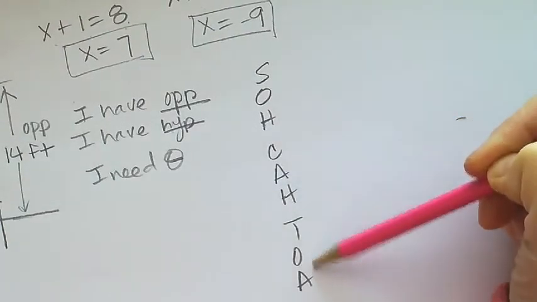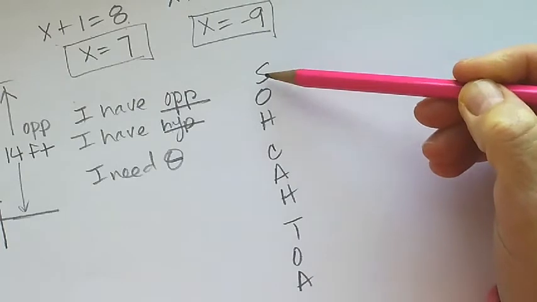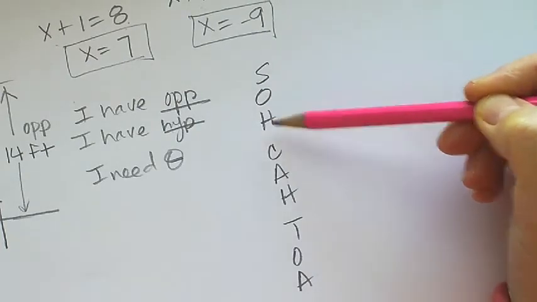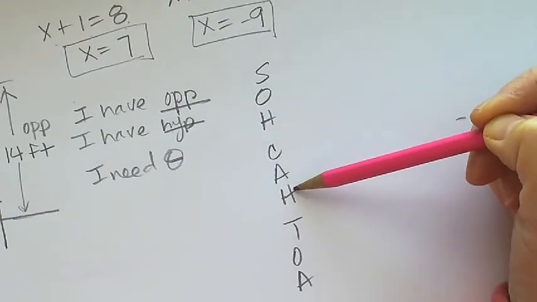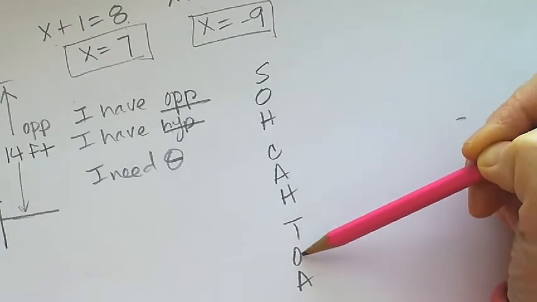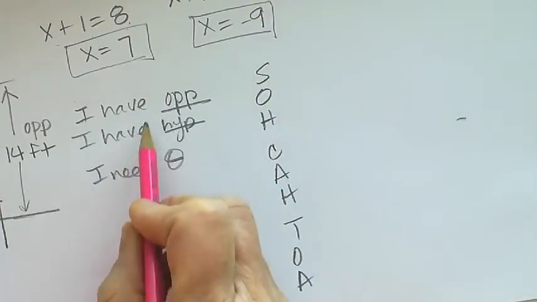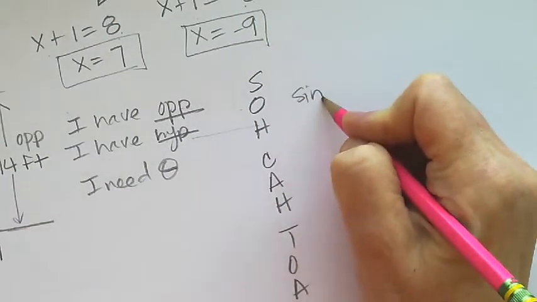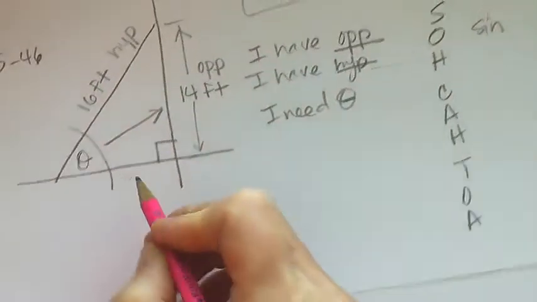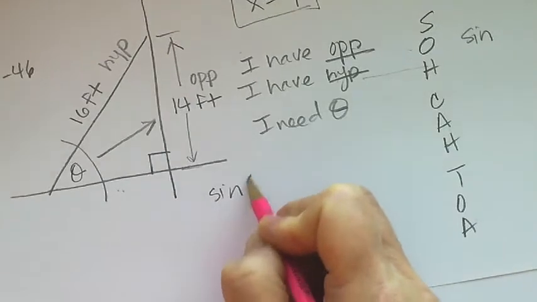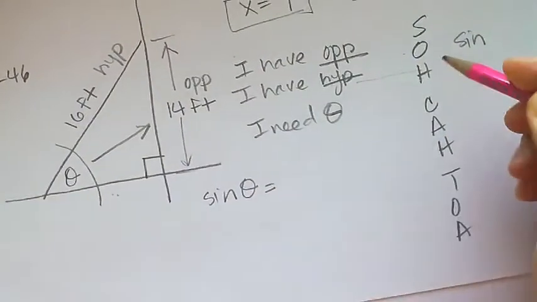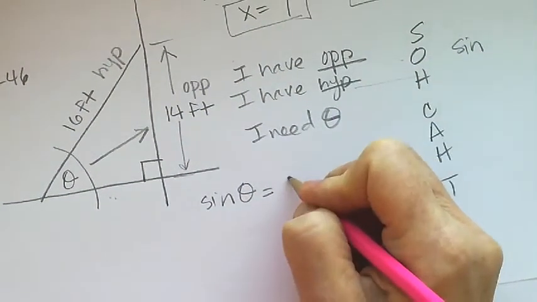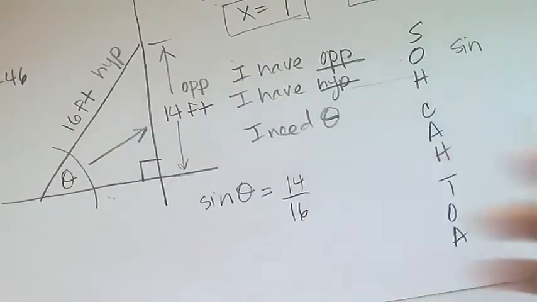Okay, opposite and hypotenuse. A quick way to remember this is SOHCAHTOA. So S-O-H, C-A-H, and then T-O-A. That means I'm going to use sine. O and H is sine. So sine of theta equals, sine is the opposite over the hypotenuse, so that's 14 over 16.